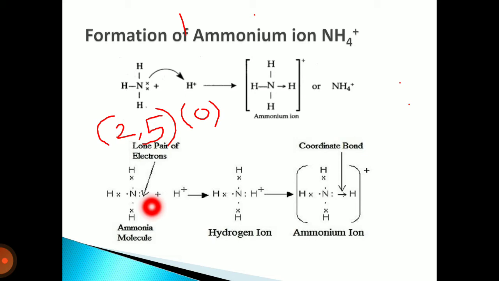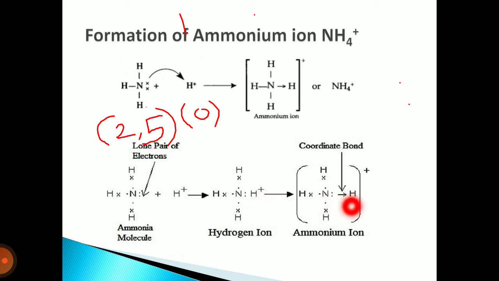So during the formation of a coordinate covalent bond or dative bond, this nitrogen can donate this pair of electrons to an electron deficient species. Hydrogen is in need of 2 electrons to complete its duplet. So nitrogen donates its pair of electrons to this H plus ion so that it is shared by this hydrogen for completion of the duplet.